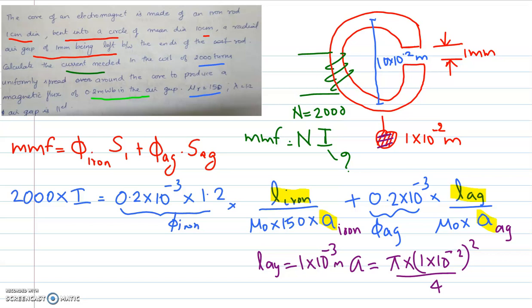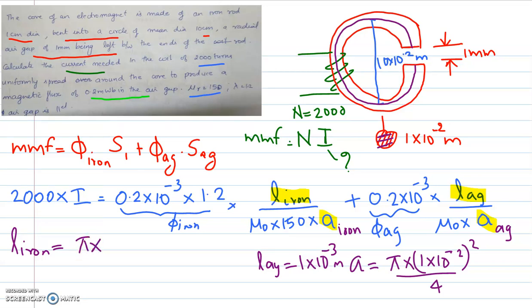Now the last part is finding out the length of the iron path. So length of the iron path means the entire length of the iron path is from here like this till here. We already know the mean. We can calculate the mean length of this entire core of the electromagnet. How we can calculate it is pi into d.